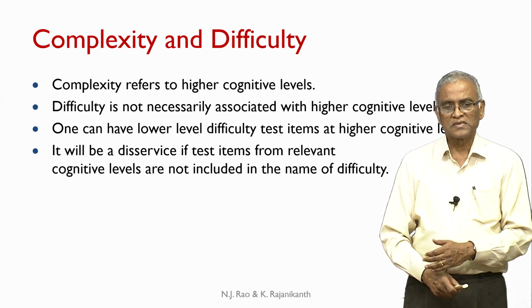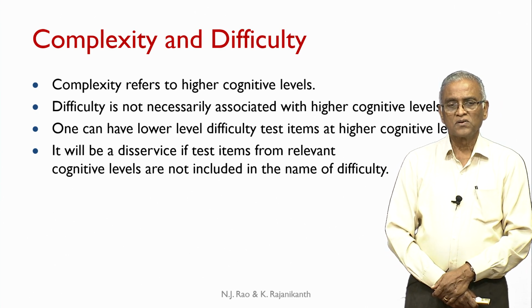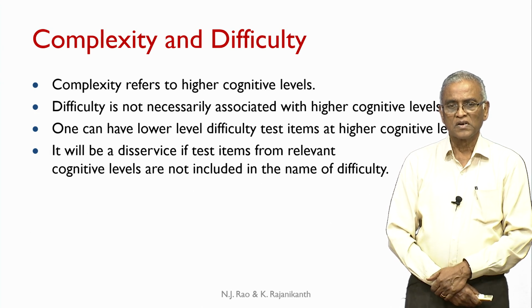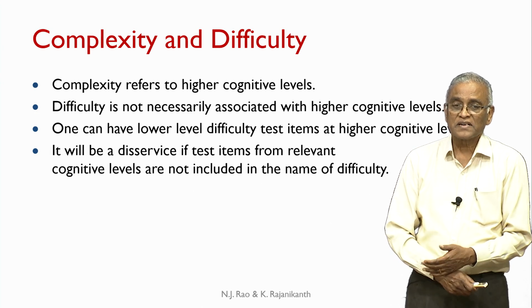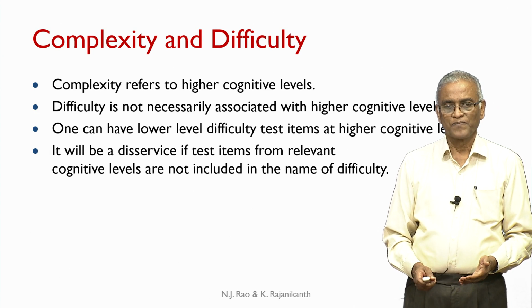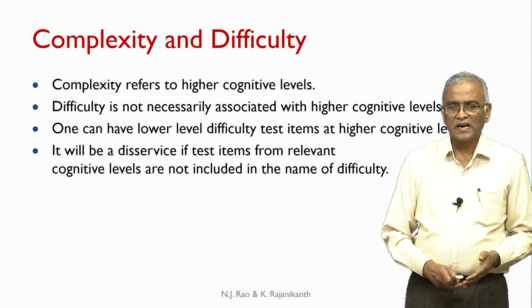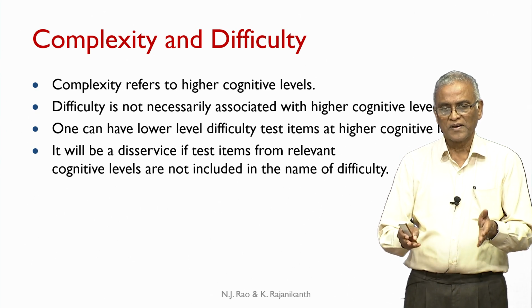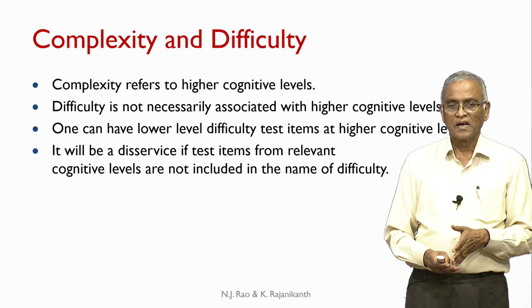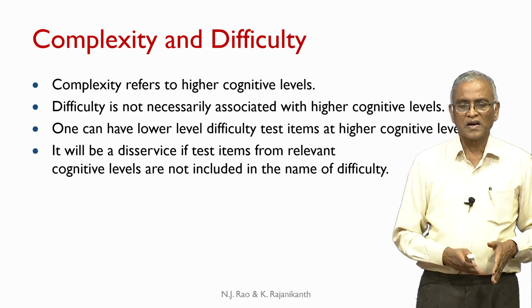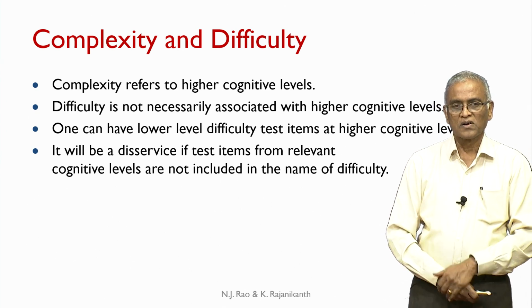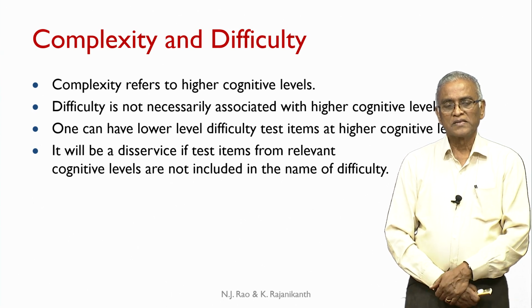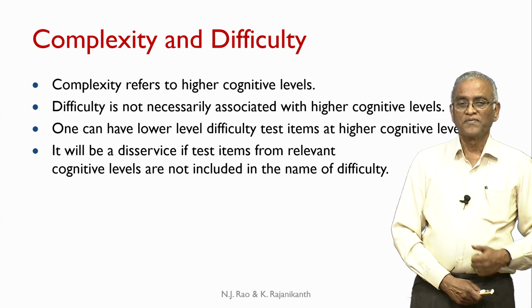If you take that decision, you are actually doing a great disservice to your students, because they are never trained at higher cognitive levels. If they are not trained at higher cognitive levels, obviously the placement becomes very difficult for them. You confine them to lower cognitive levels simply because you consider looking at complexity is very difficult.